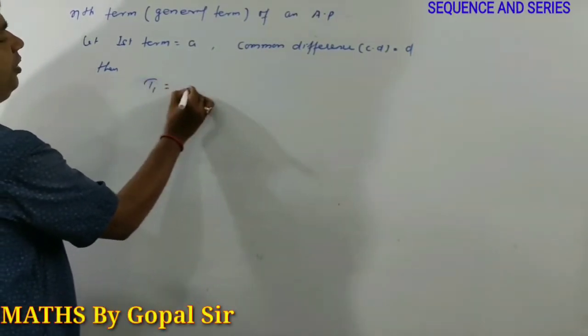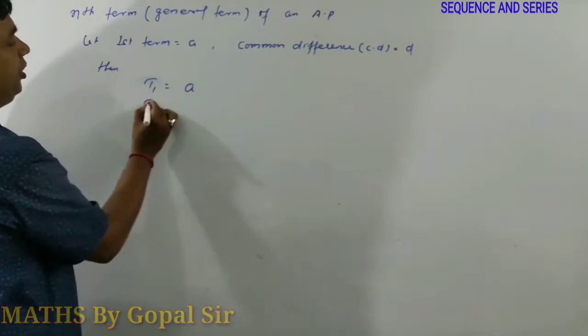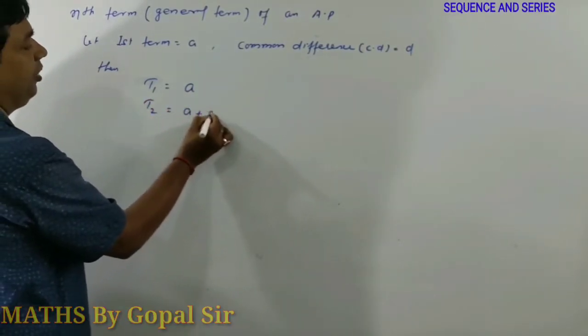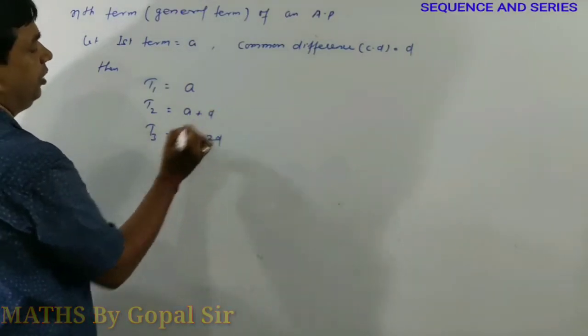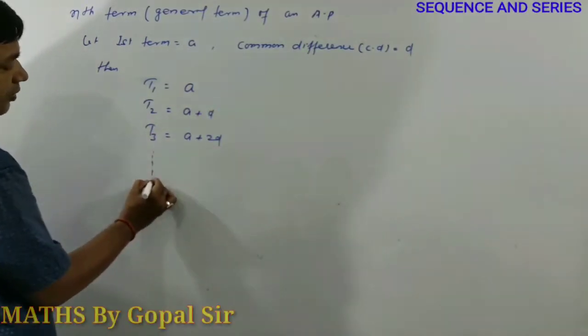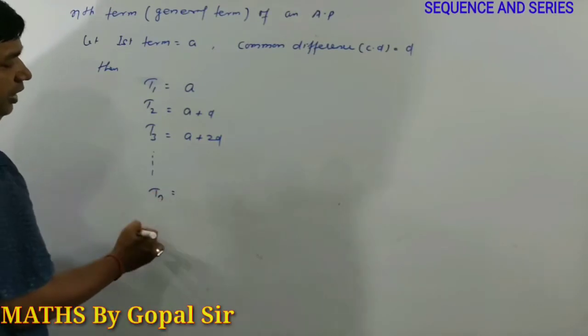So T1 is A, T2 is A plus D, T3 is A plus 2D. Following this we have Tn, but how can we get Tn?